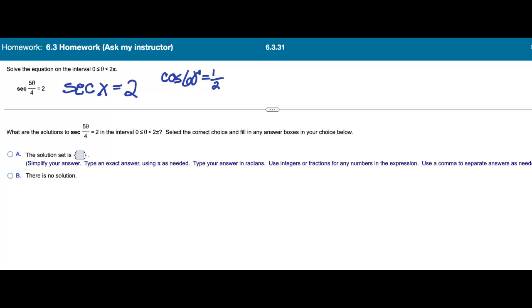And we also know that cosine and secant are reciprocal functions, so I can take this expression right here, the secant of some angle equals 2, and think of that as the cosine of some angle equals 1/2.